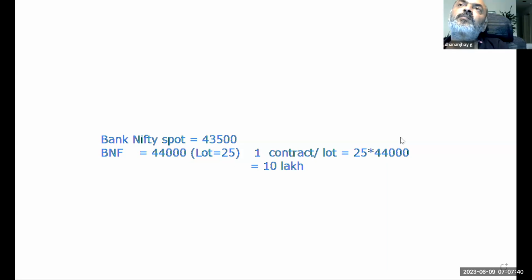No, see. What instrument are you buying or selling with this lot size? The underlying asset, sir. No, see, I am purchasing a Bank Nifty future. I am assuming a position in the Bank Nifty futures contract.